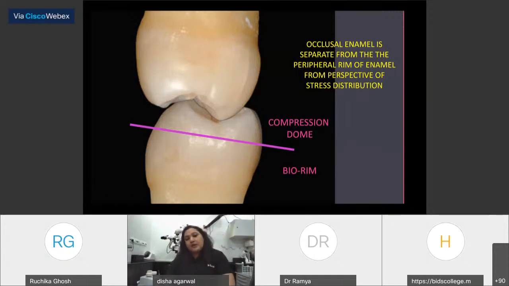So our focus should always be to preserve this biorim, not go for root canals, not go for crowns. When we get teeth, which I showed you before, with cracks and large amalgam restorations, if the tooth is vital, try to preserve as much biorim as you can.